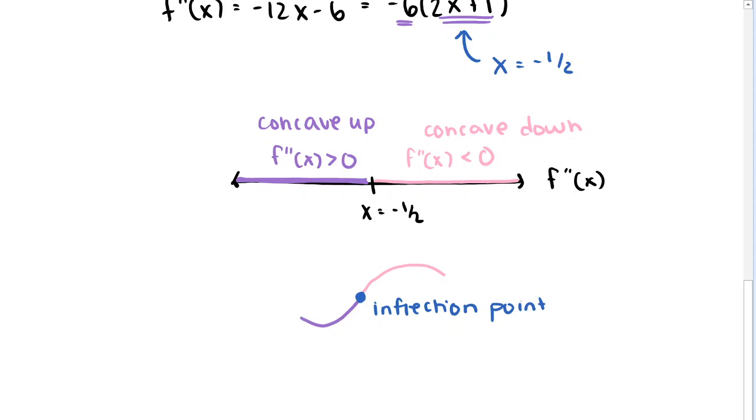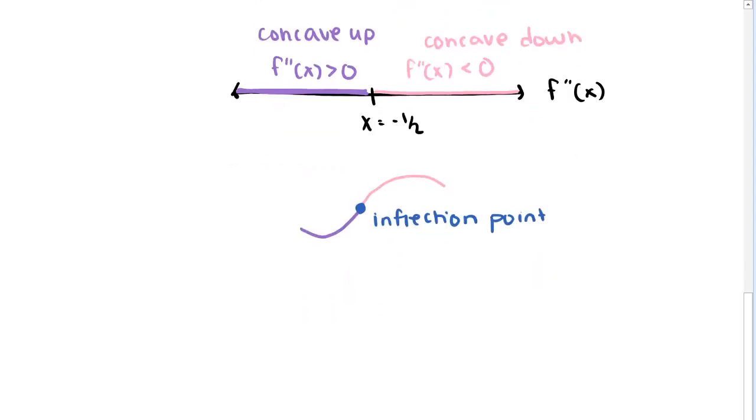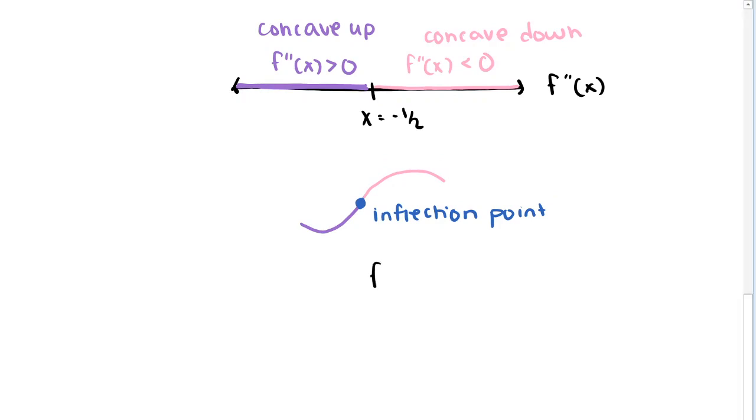And so here, we're looking for the actual point, the location of this inflection point. We know the x value. What's the y value? Well, we're going to take our function and figure out the y value, find the point itself, right? So we're looking at f of negative 1/2. And so, the original function, that was negative 2 times our input cubed, so that's negative 2 times negative 1/2 cubed, that's negative 1/8.